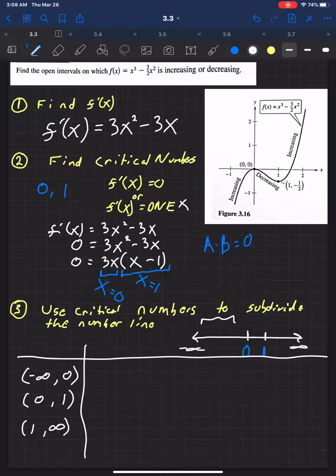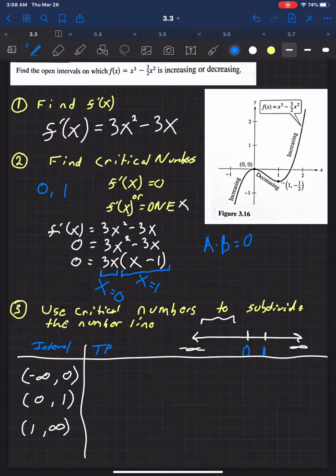And we're going to test to see if that number produces a positive slope or a negative slope, and then we'll make a statement. Ready? The way I'm going to do this for you, you can do the same way if you set it up on your quizzes and your tests. So we start with our intervals.